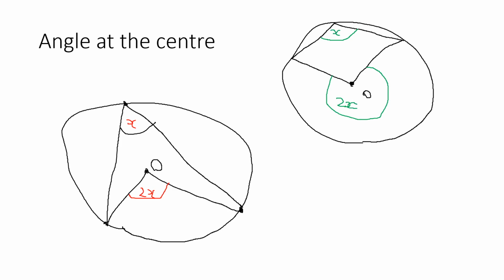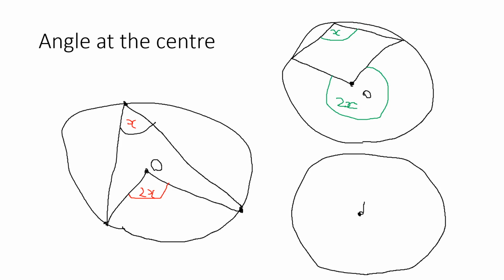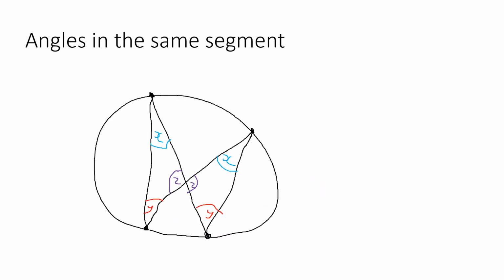And you can even be asked something like this. This, I think, came in the 2023 paper, if my sources are correct. So it would be something like that. Again, notice how all of these are on the circumference, okay?